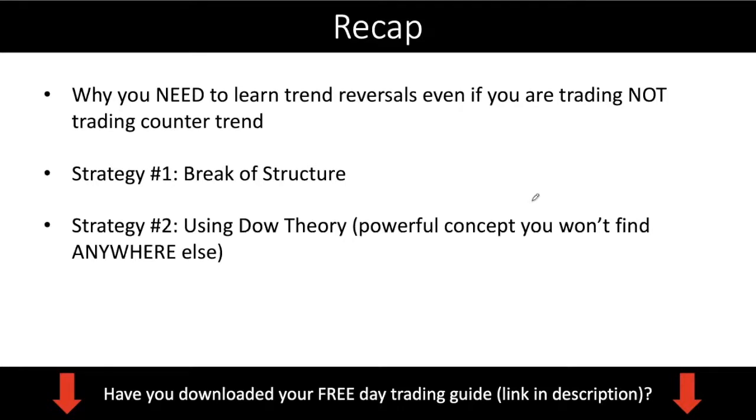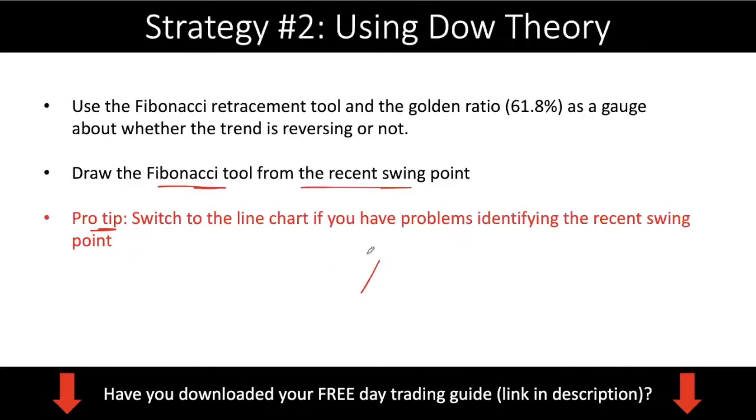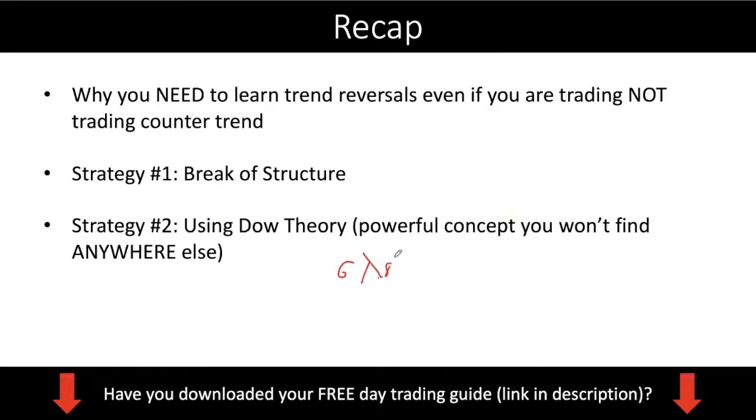Then I went on into the Dow Theory, which is basically using the Fibonacci retracement tool. You want to look at the golden ratio 0.618, the 61.8 level. If price is respecting that, then you can reasonably assume that the trend is still intact and you should follow the trend. But if this level is broken, then you want to lean towards the reversal trade, or you want to exit your position or stay out of the trade.